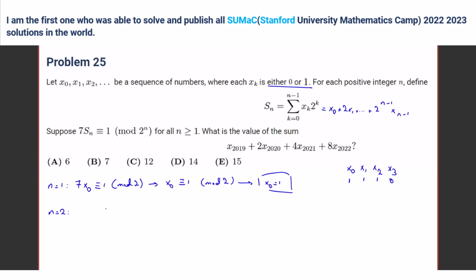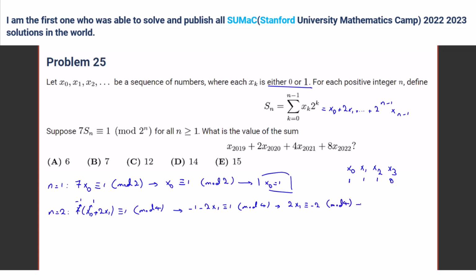Okay, so let's check. For this one, it is 7x0 plus 2x1 is congruent to 1 mod 4. And x0 is 1, and 7 is negative 1 mod 4. So we can conclude negative 1 minus 2x1 is congruent to 1 mod 4. So we can conclude 2x1 is congruent to negative 2 mod 4.